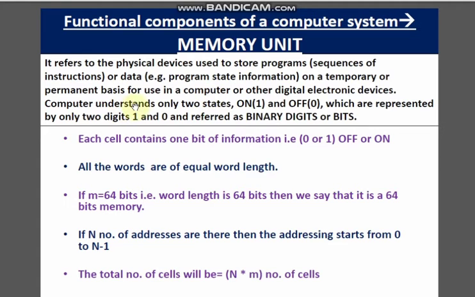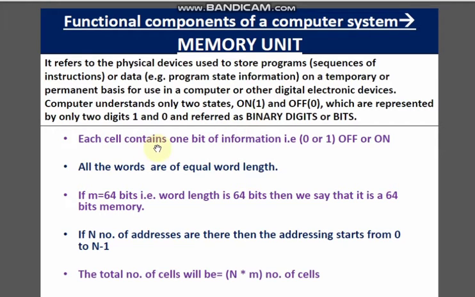As we know, a computer understands only two states, on and off, that is 1 and 0, which are represented by only two digits, 1 and 0, and referred to as binary digits, or bits in short. So BI of binary and TS of digits gives us bits, or we can say bit for a single bit of information. So 1 is a single bit, 0 is another bit.